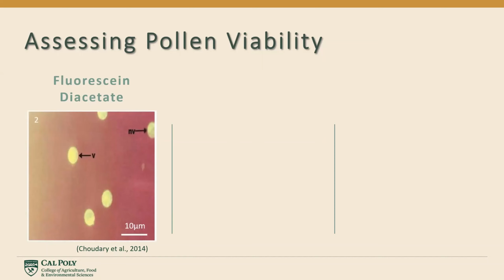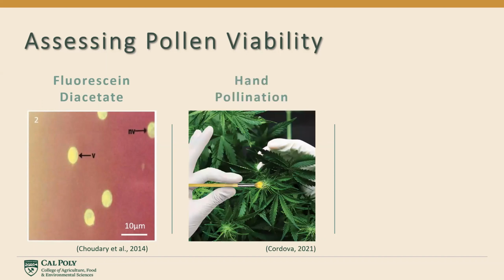This way looks to see if the cell is still doing basic physiological processes, but doesn't necessarily indicate if the grain is able to produce a pollen tube. Another way is to hand pollinate receptive female flowers to see if there's seed set. This method is hard to quantify how much of the pollen is actually viable, but could be good to see if the pollen is able to set seed after some period of storage.